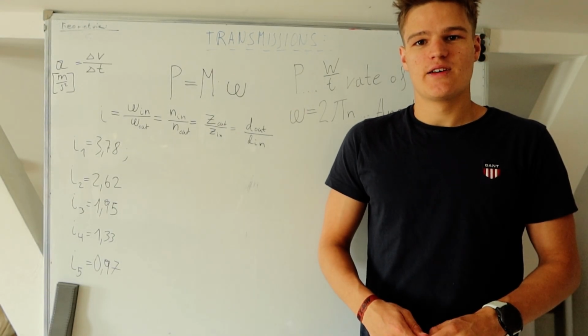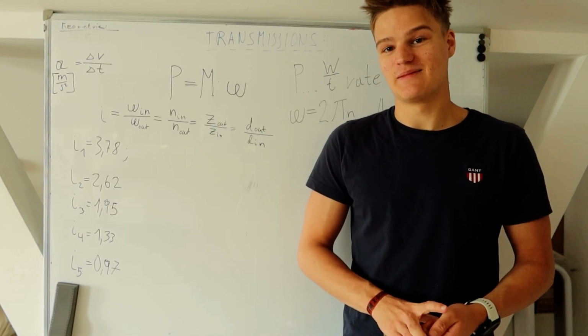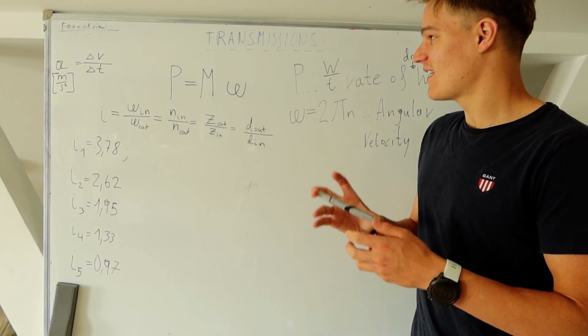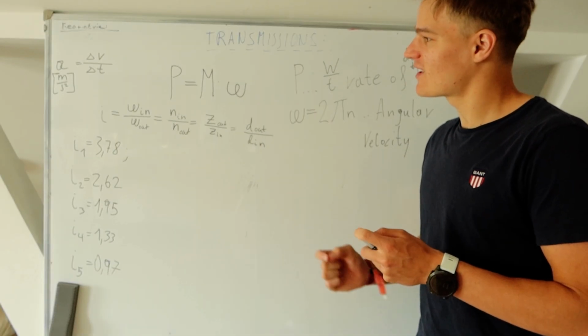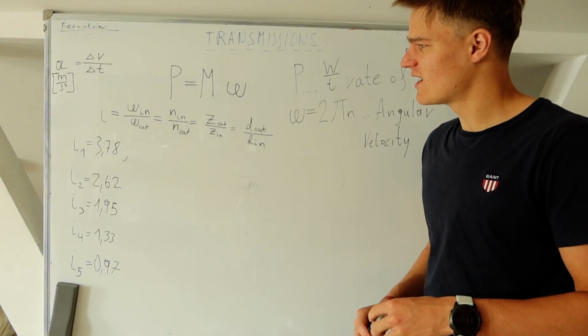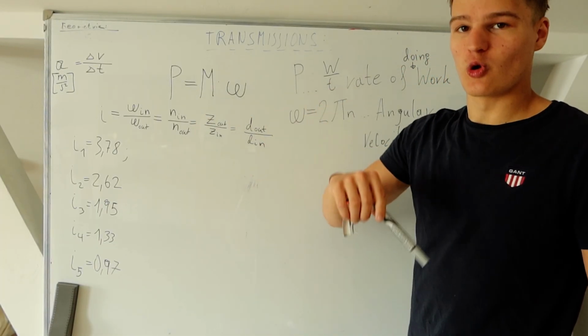So guys, thank you very much for watching. I will wrap this up, but maybe before I do, just a little bit of a quick summary as to what really a transmission is, right? A transmission is a device with gears inside that transfers torque, right?